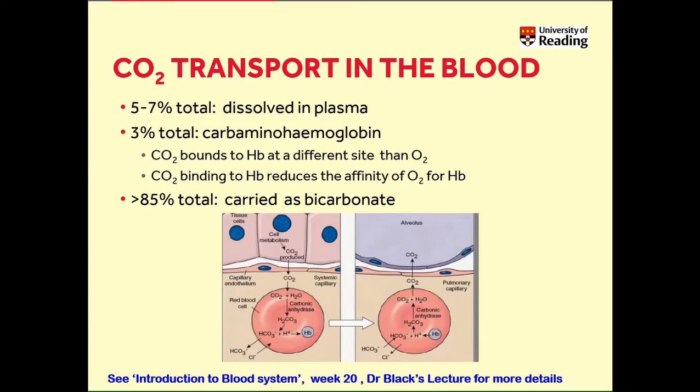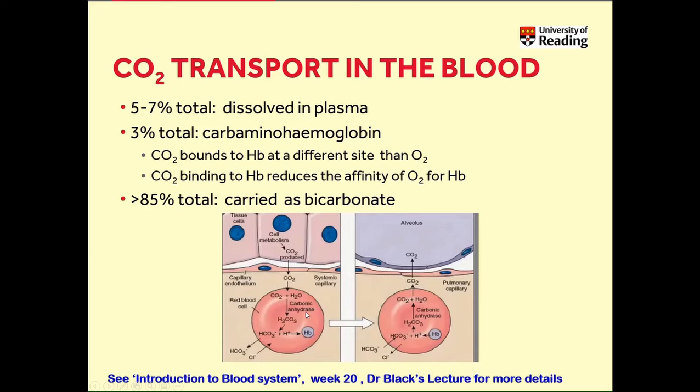Now, how is this bicarbonate formed? Once carbon dioxide enters the blood cells, it can react with water to form a weak carbonic acid, and this reaction is catalyzed by carbonic anhydrase.